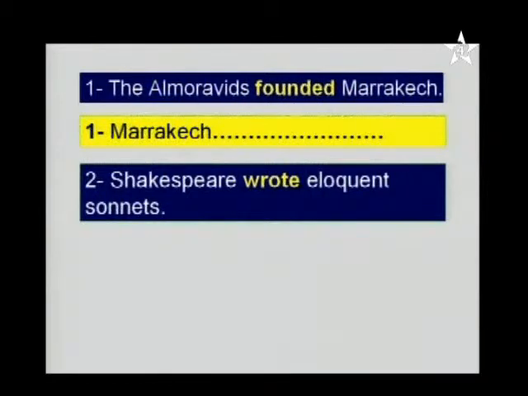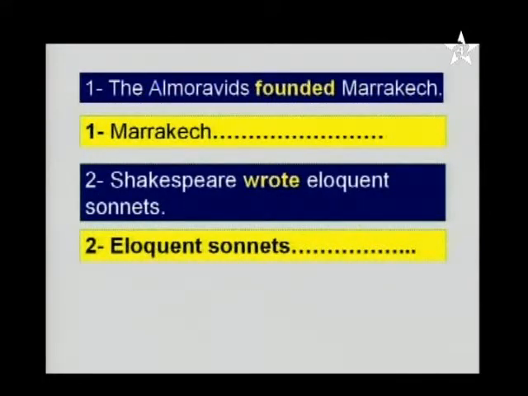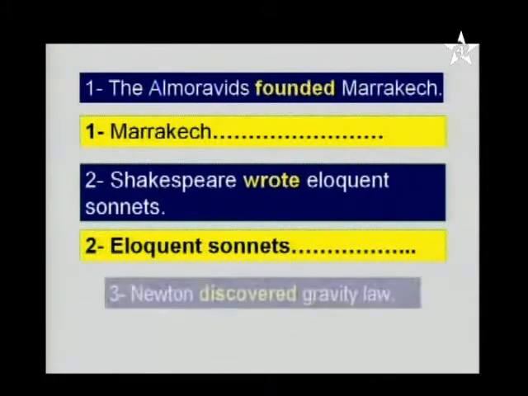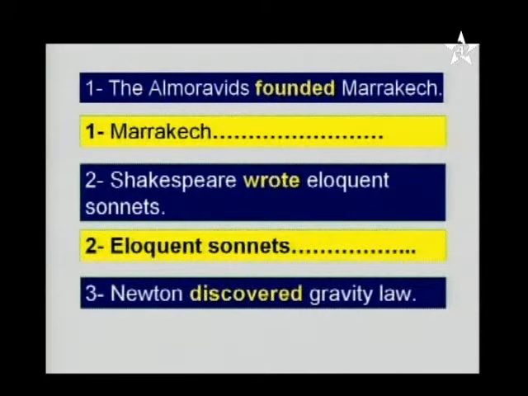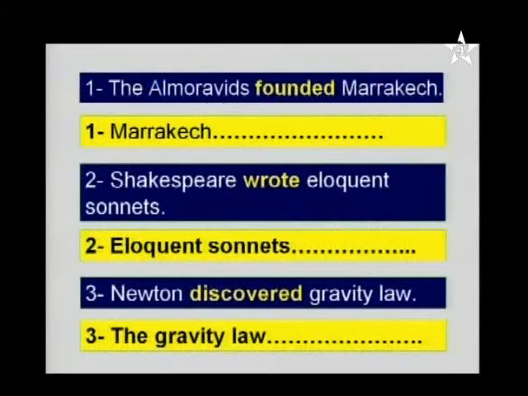Sonnets are poetry, okay? Eloquent sonnets. Number 3. Newton discovered the gravity law. The gravity law, all right? Now take a look at them for a few seconds. Think them over. Shall we get started again for correction?